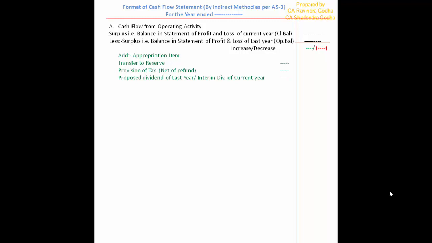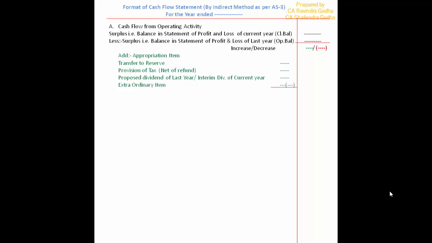Focus is given on paid in the current year. Or interim dividend of the current year, means interim dividend paid in the current year. So what do we write here? The total dividend paid in the current year. It means the proposed dividend of last year is paid in the current year and the interim dividend is also paid in the current year. Next item is extraordinary item.